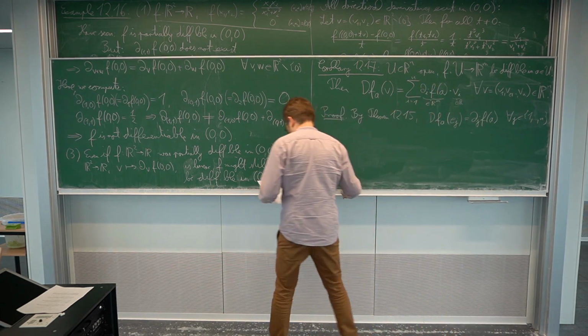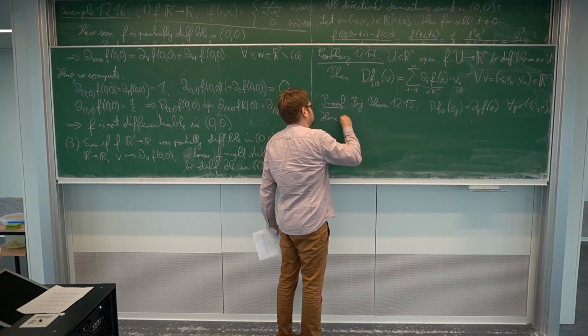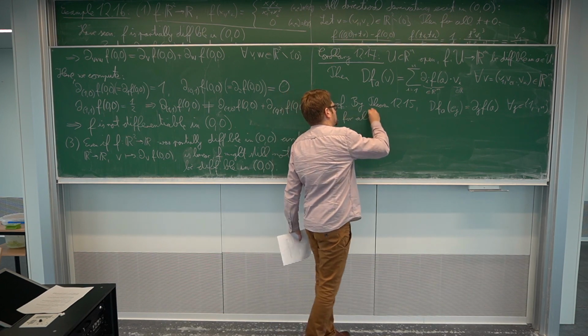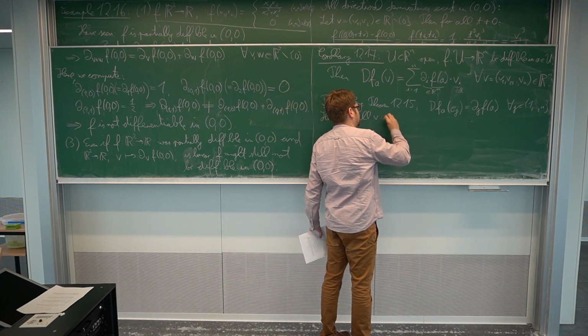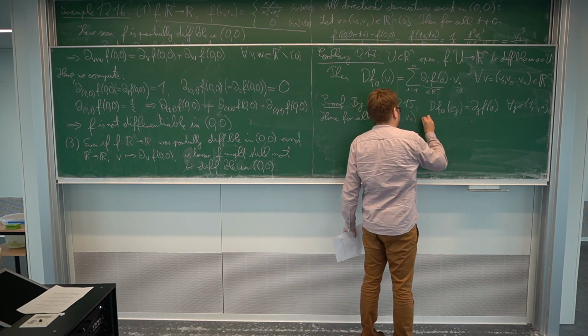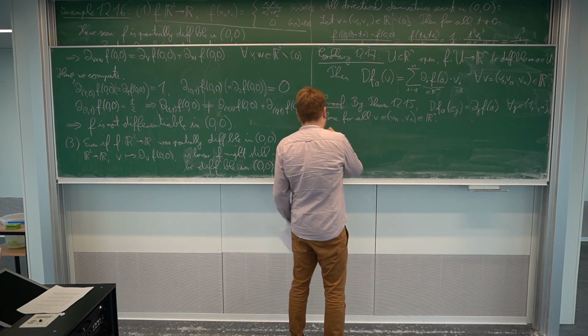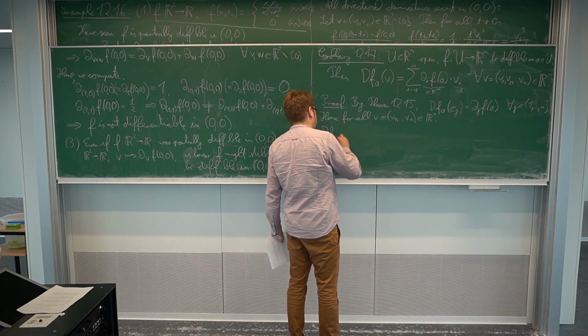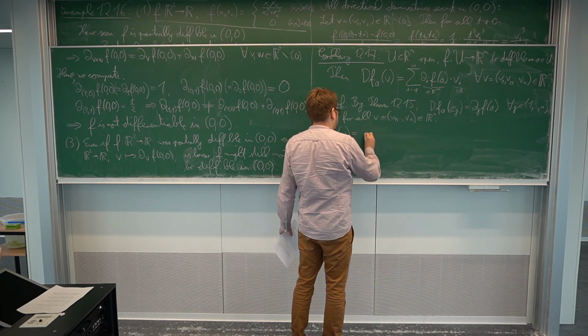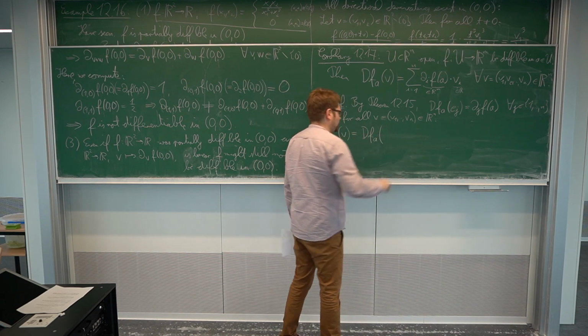Now, we just need to establish a bit of linear algebra. Hence, for all arbitrary vectors v, given as v_1 to v_n, we get the following: df_a of v. Now we can write v as a linear combination of the canonical basis.